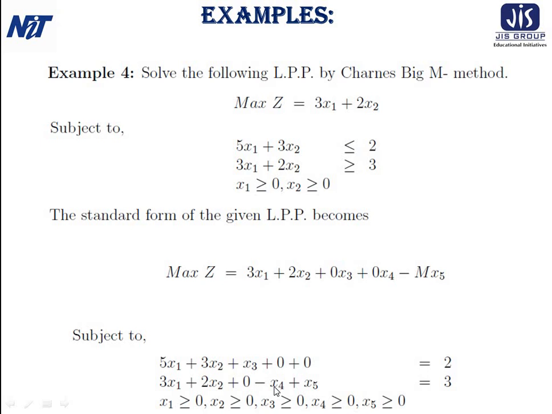That's why the new objective function becomes max z equal to 3x1 plus 2x2 plus 0 into x3 plus 0 into x4 minus M into x5. So this is the standard form. We always have to write the standard form first. Since it is a maximization problem, there is no need to multiply by minus 1; only if the objective function is a minimization problem will we multiply it by minus 1.